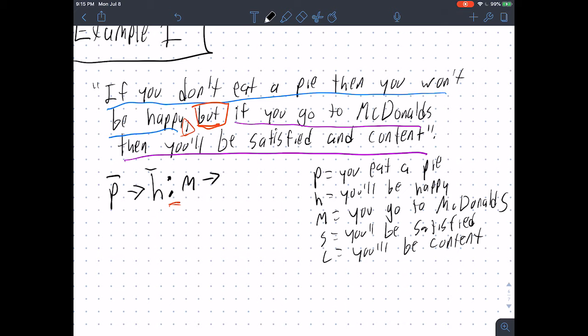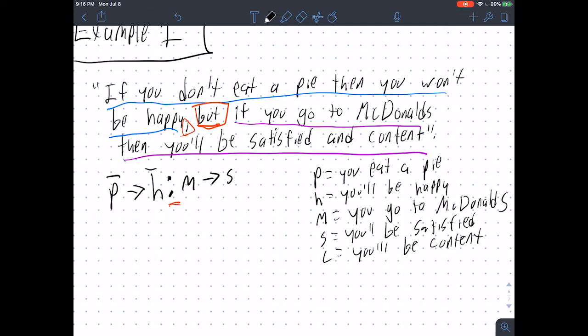It's a conditional, so we have an arrow. And then we have the second part, then you'll be satisfied and content. So I think that the best translation of this is like this, right? Because this says that your being satisfied and content are both contingent upon your going to McDonald's, or they're conditioned upon your going to McDonald's or whatever.